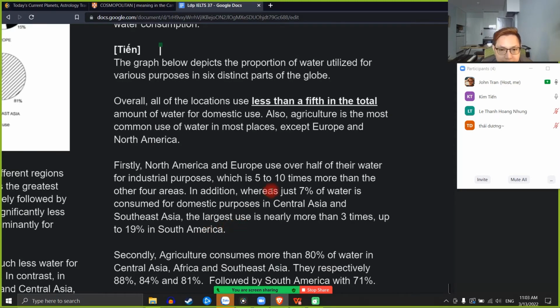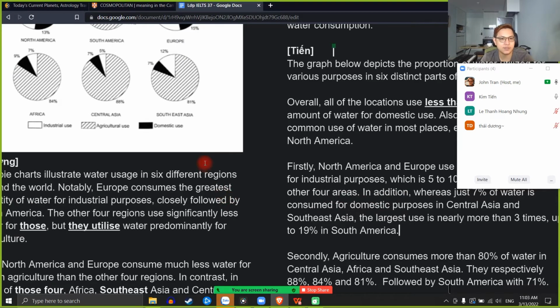Firstly, North America and Europe use over half of their water for industrial purposes. Okay, which is 5 to 10 times more than the other 4 areas.